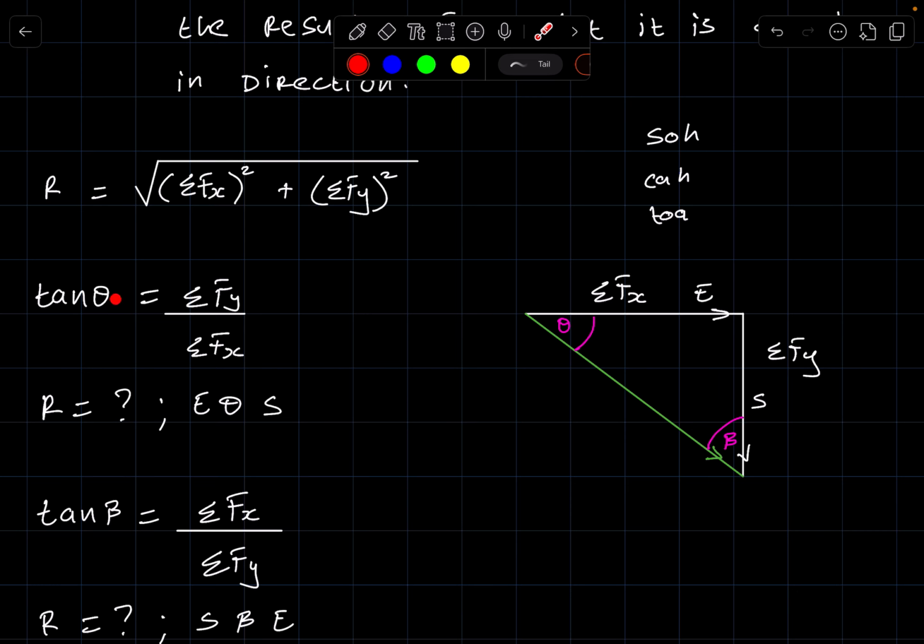So tan theta is equal to the side that's opposite the angle. There's your angle. The side opposite the angle is the sum of forces in the y direction, divided by the side that is adjacent to the angle, which is the sum of forces in the x direction. So when calculating an angle that is referenced from the x-axis, this is what you use.